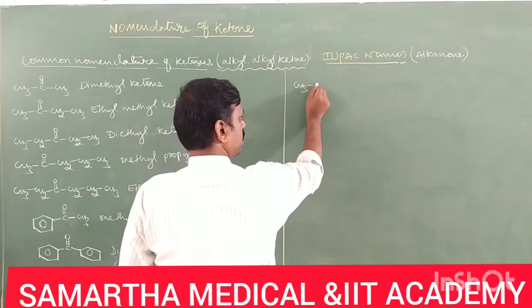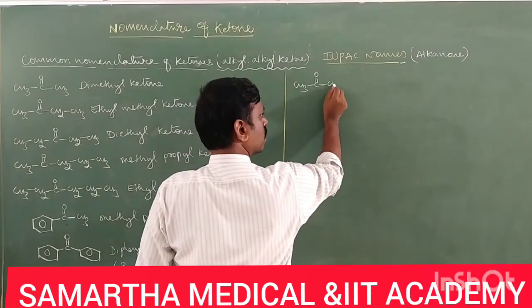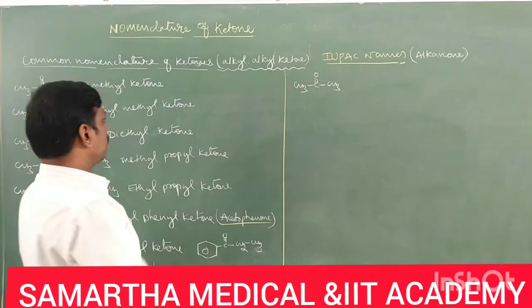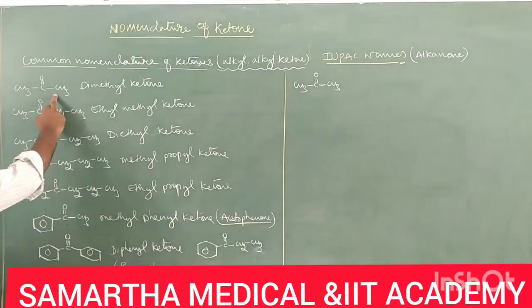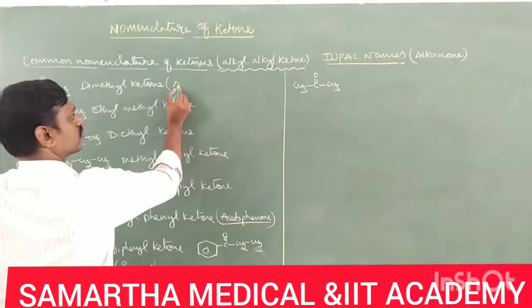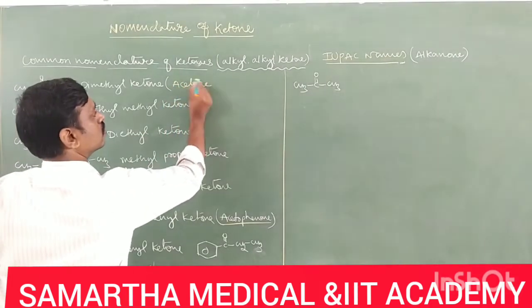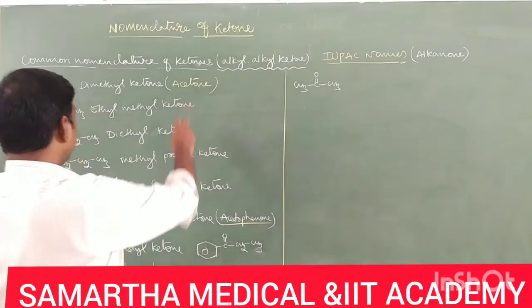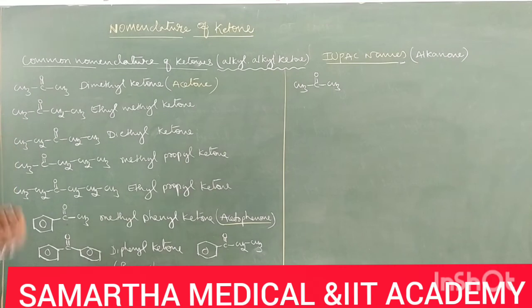Let us take a simple example. Its common name is acetone. You have written here dimethyl ketone, but it is more commonly called acetone. It is also important. Acetone and dimethyl ketone are the common names.